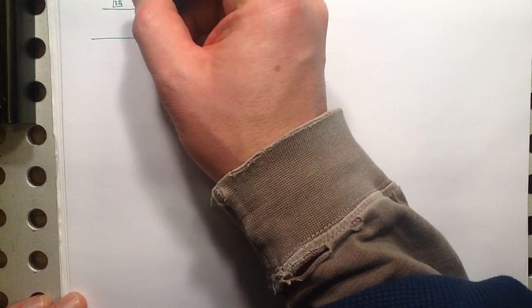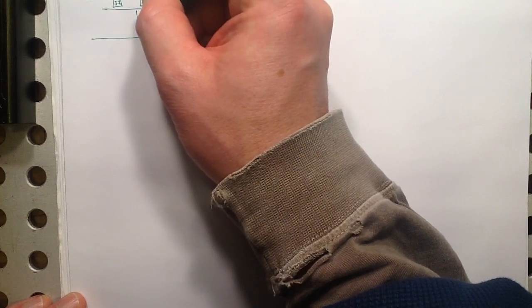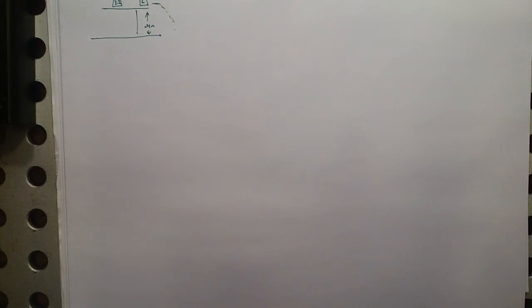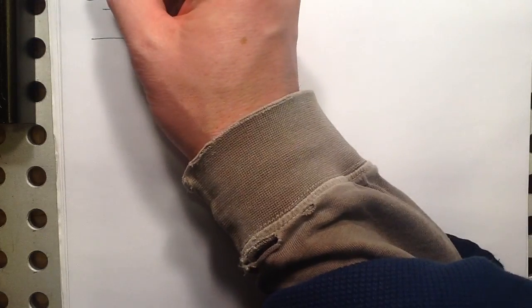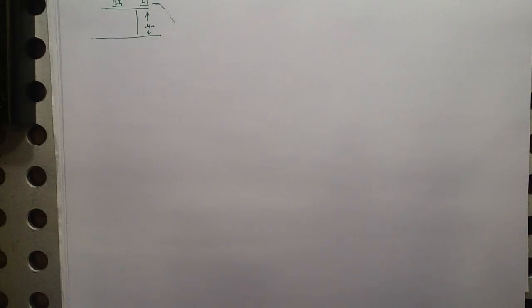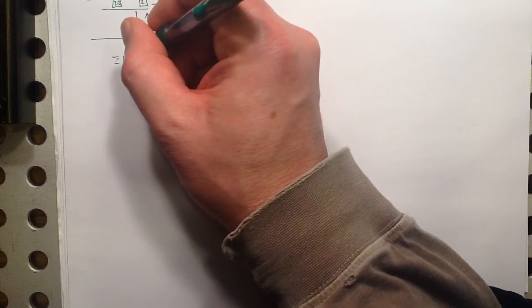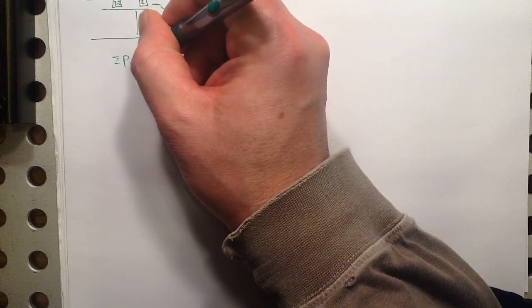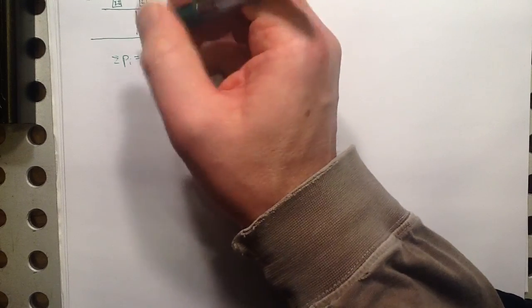The height of the table is 0.4 meters. And the speed of this one is 3 meters per second before the collision. And they stick together. And we want to know what's the kinetic energy just before they strike the floor. Let's find the velocity. So at this collision, initial momentum is going to be equal to final momentum.